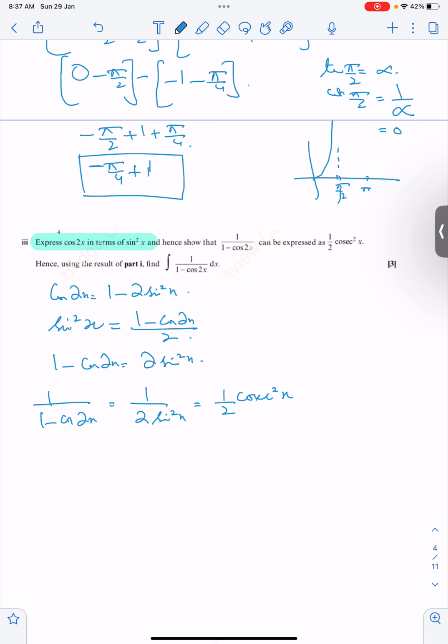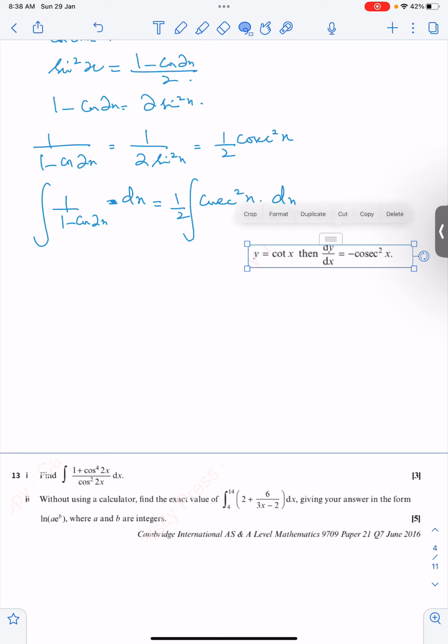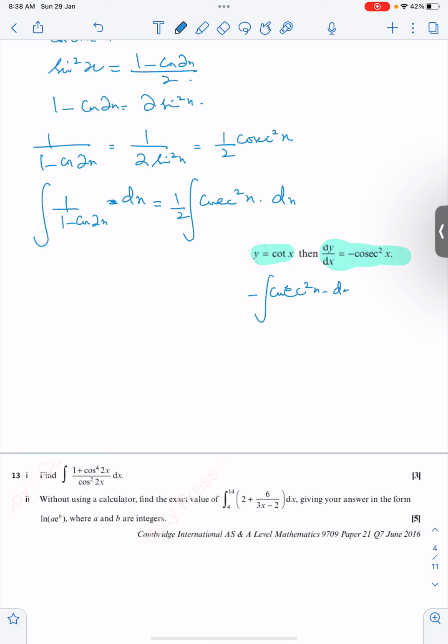You have to use the result of part 1, which I am just copying from here. From here we know that if y is this, dy by dx equals this. That means if you integrate cosec square x dx, you will get cot x.